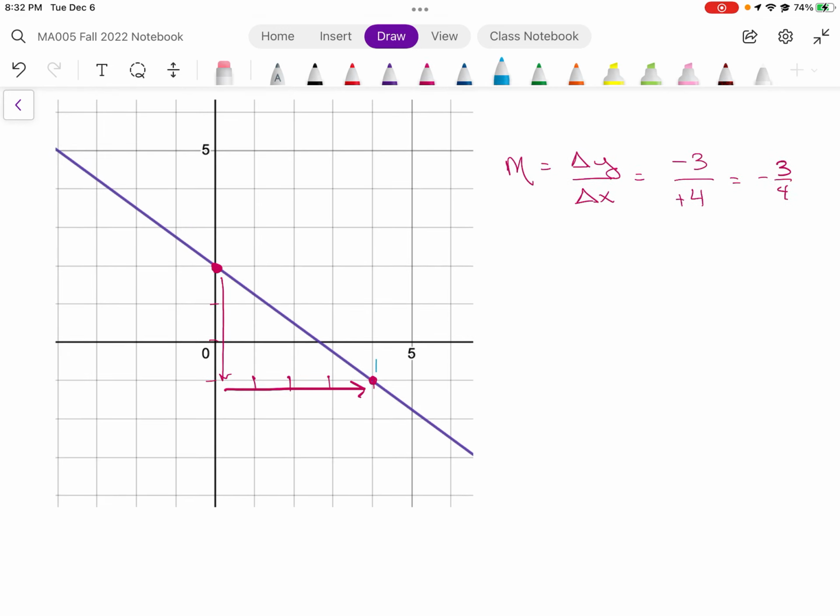We could go up 3 and left 4. So the change in y was a positive 3. The change in x was negative 4. We still get negative 3/4 because it doesn't matter if the negative is on the top or the bottom of the fraction. It means the same thing.